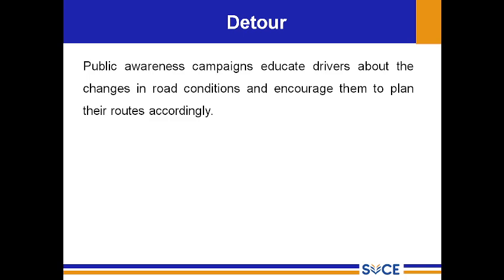Suppose a regular road user is there, he knows about the various alternative routes, so he will choose some other route instead of the detouring route. So the public should be well aware of the detouring plan.